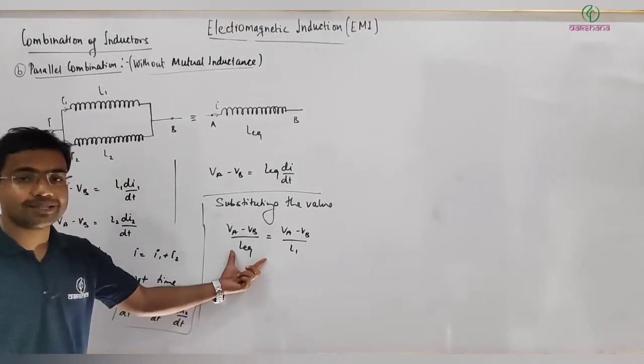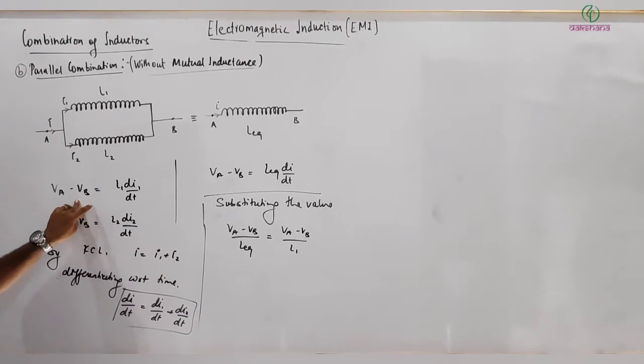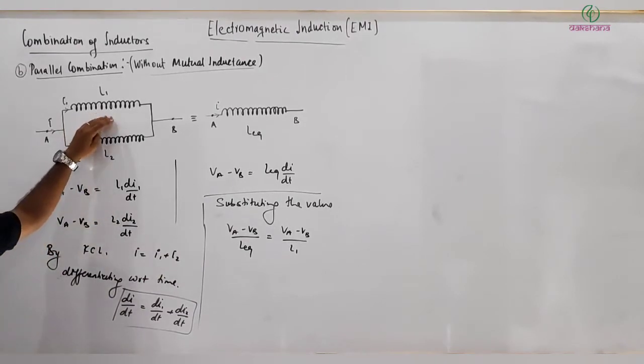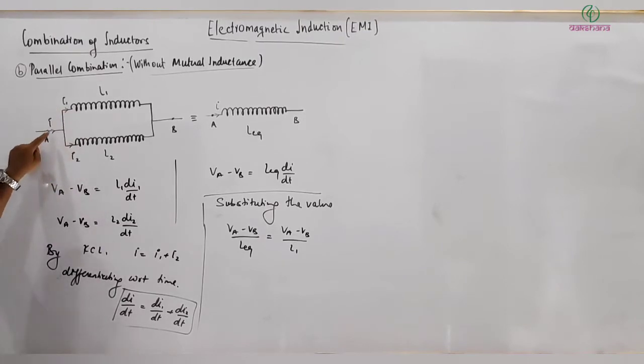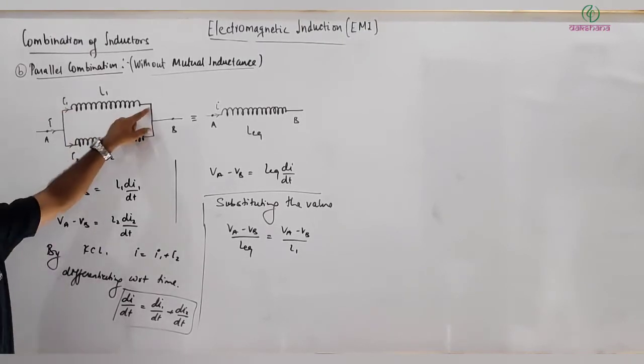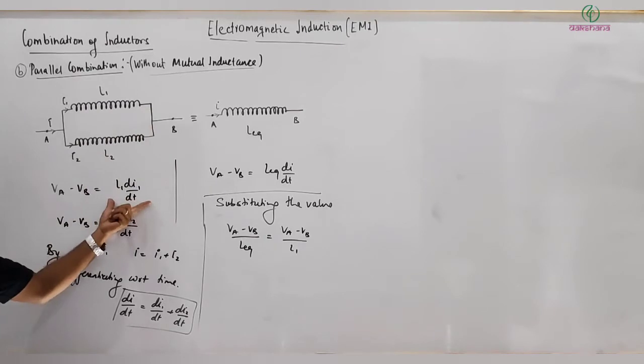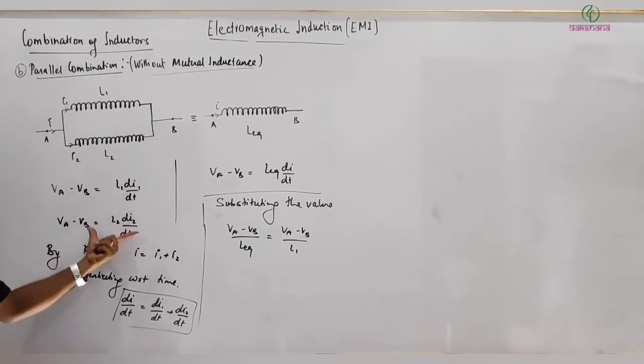Simple, straightforward: if L1 is the inductance and I1 the current flowing, then the potential difference between these points will be the same, and exactly the same for the second inductor.